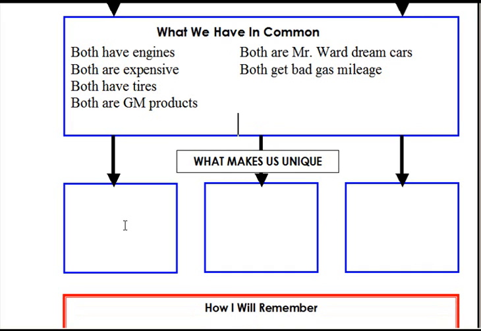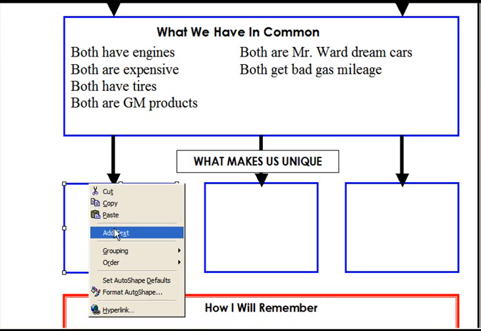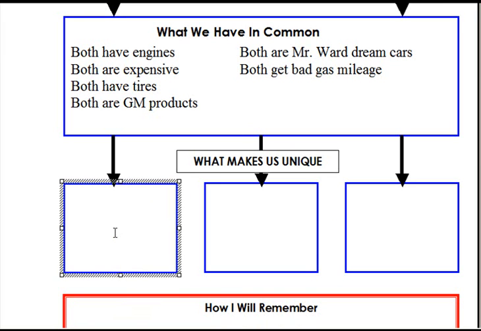Students will record their answers in each of the boxes, and remember, when typing, put the cursor on the blue lines, right mouse click, and add text. All the format gets mostly completed for you, and your task will be much simpler. So now let's fill in some of these boxes with what makes these 2 topics unique.